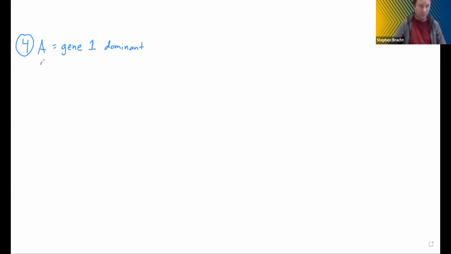I have defined event B as the event that gene 2 is dominant. Okay. And so what I'm trying to find is the probability of B given A. The probability that gene 2 is dominant given that gene 1 is dominant.